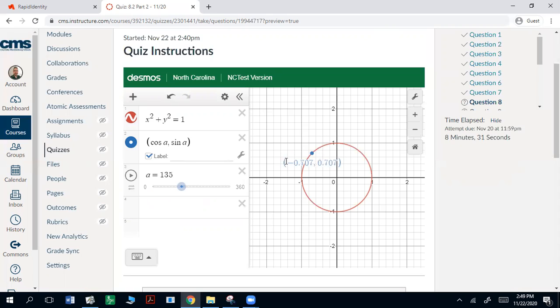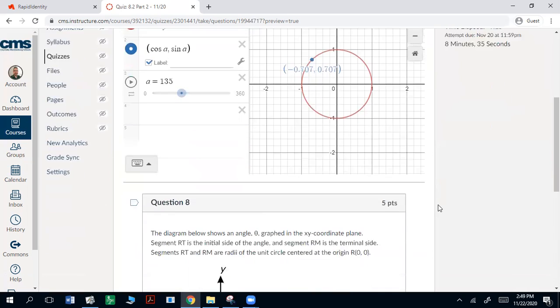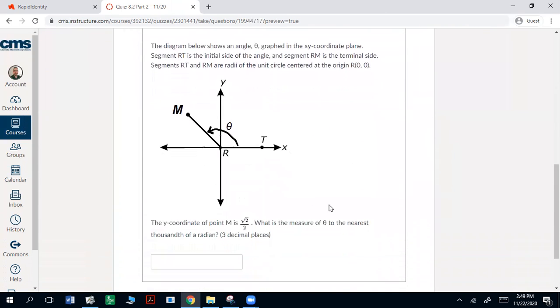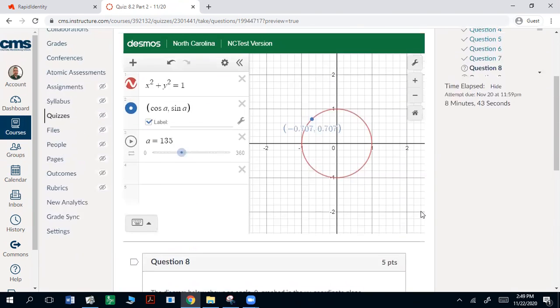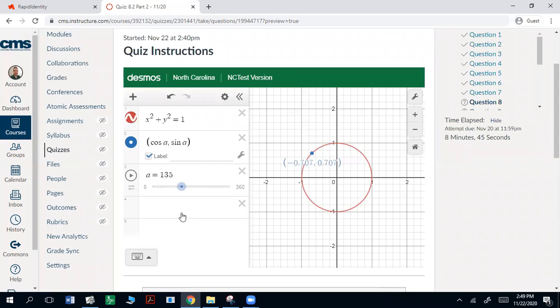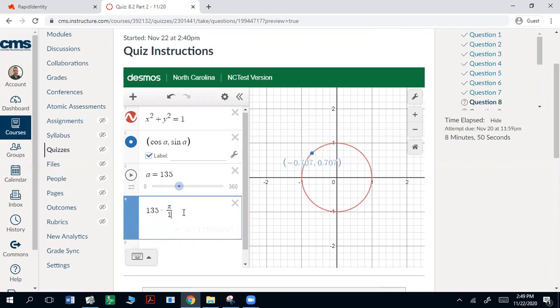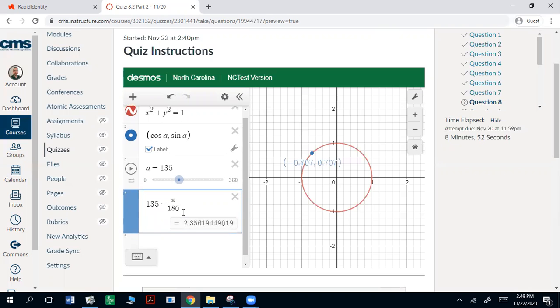And notice that they're both -0.707 and 0.707. That is the same thing as the square root of 2 over 2. The y coordinate is positive, so that's correct. So now we have the degree, and that degree is 135. So let's get the radian. And the radian's about 2.356.